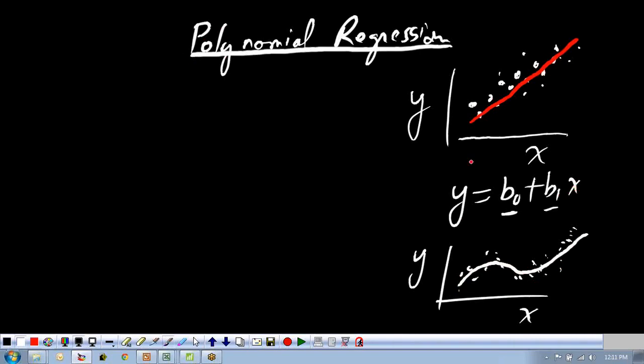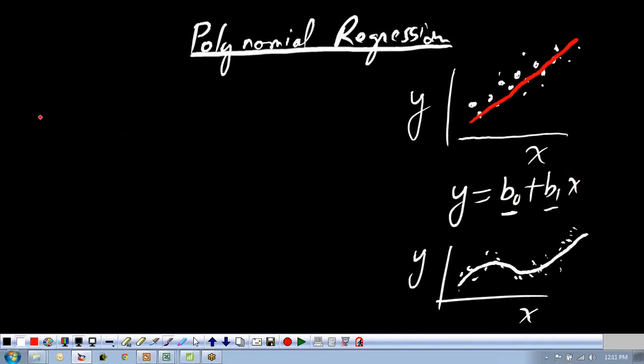A polynomial is nothing other than an expansion of a function based on its values raised to the first power, plus the values raised to the second power, etc., plus third power.